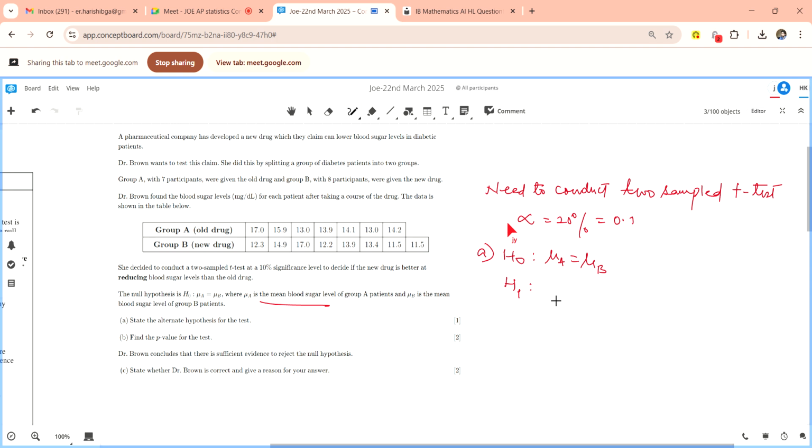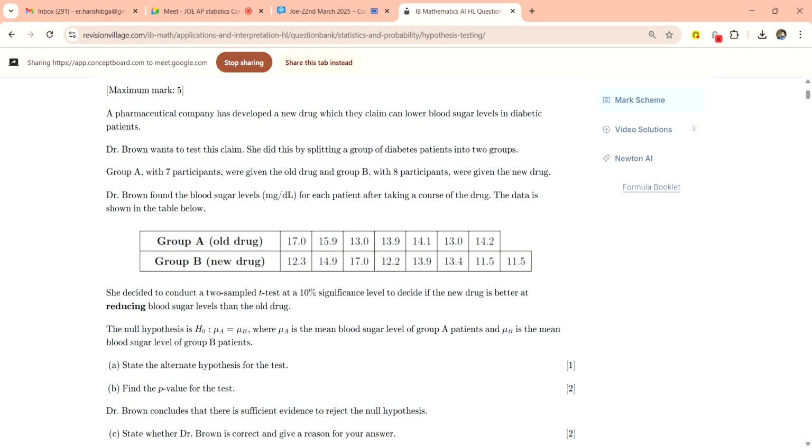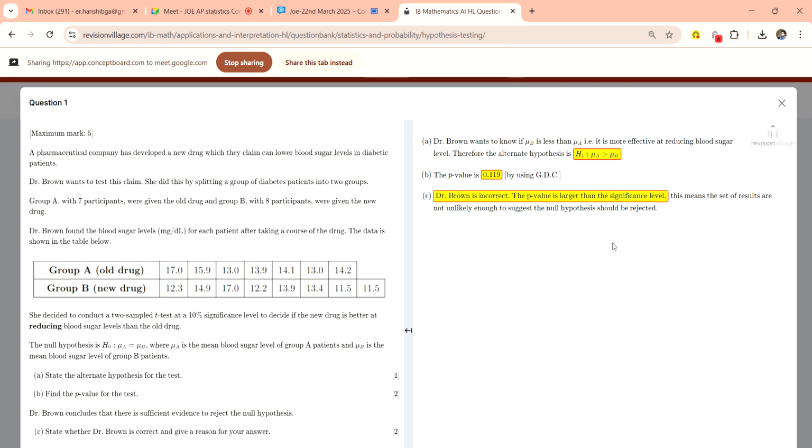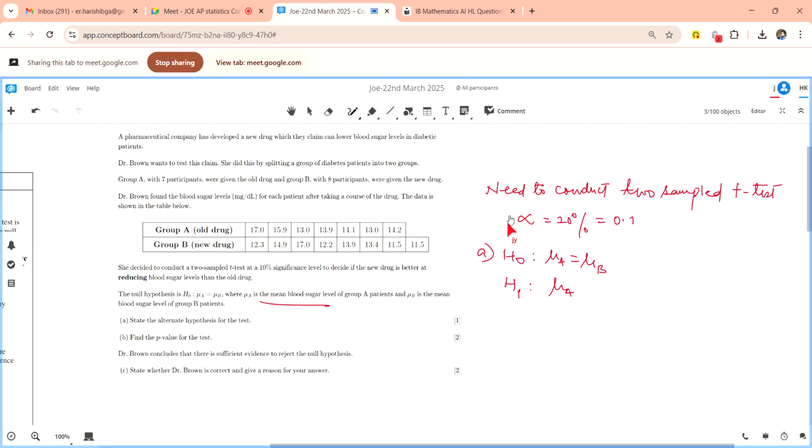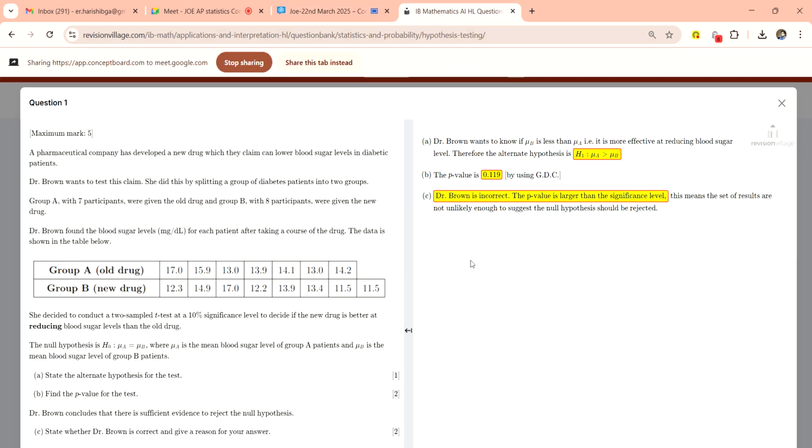That mu A is what? Less than or greater than? mu A would be greater than mu B, because Dr. Brown wants to know if mu B is less than mu A, that is, if it is more effective in reducing.